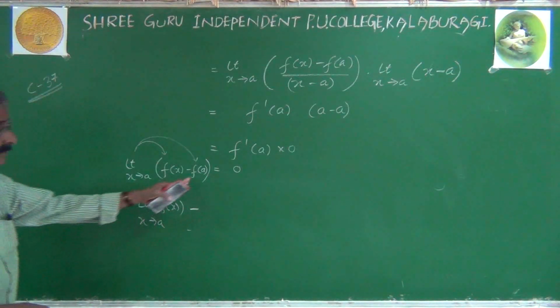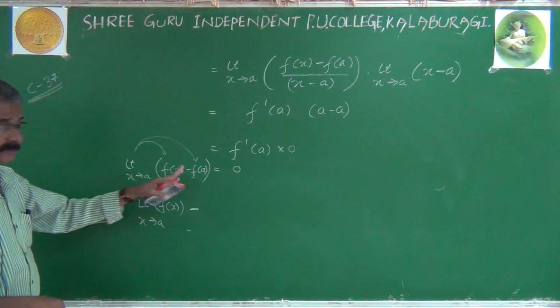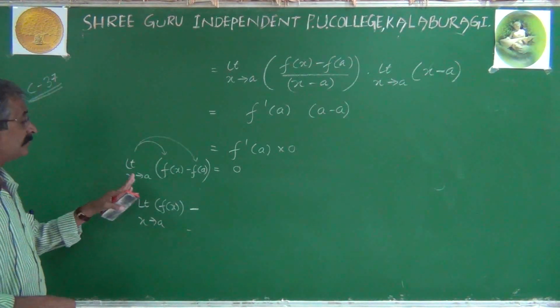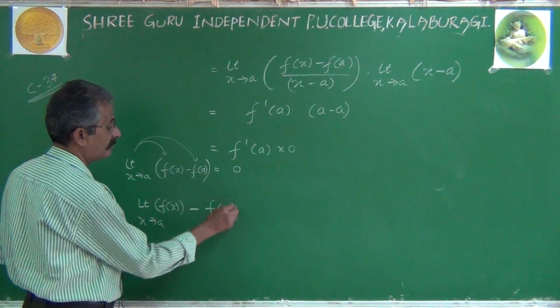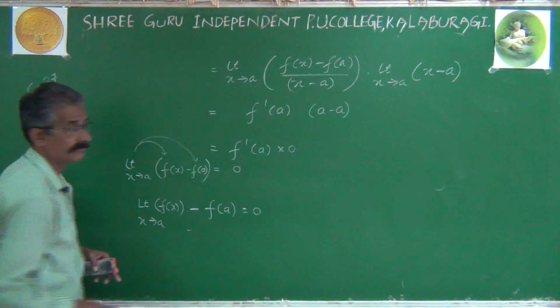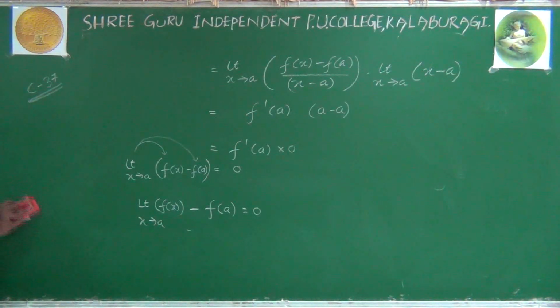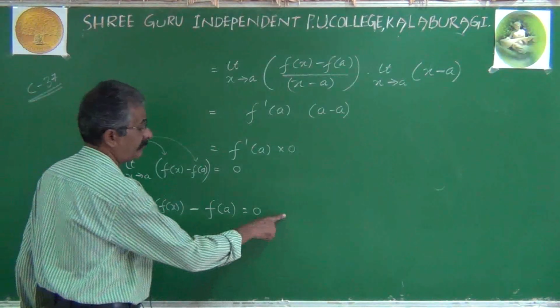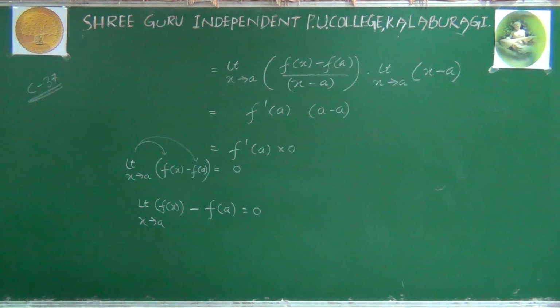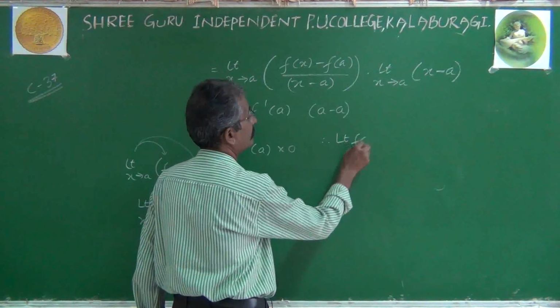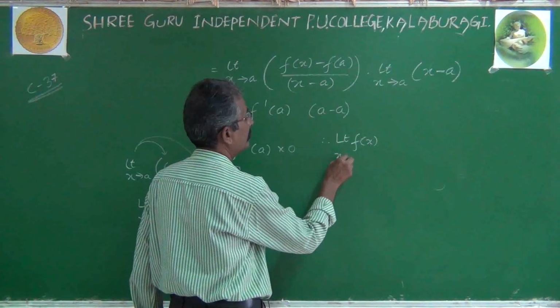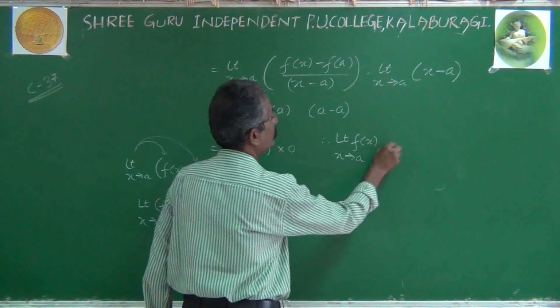As f of a is constant, the limit of a constant is the same constant. That is, in particular, the limit of f of a will be f of a. Further, minus f of a becomes, on the right side, plus f of a. So all that makes limit of f x as x tends to a equal to f of a.